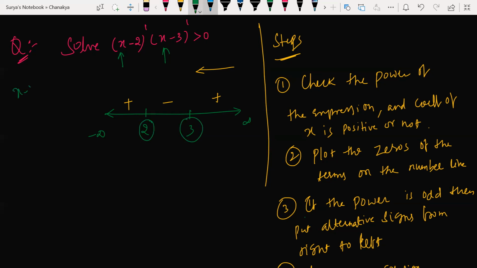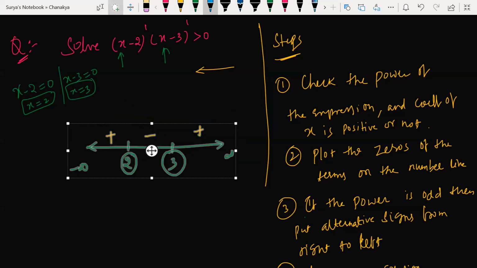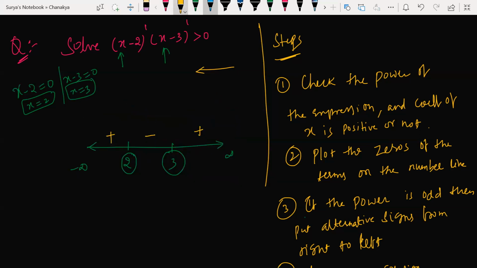I found their critical points, that is, the zeros or roots, by equating them with 0 and finding the values of x. I got 2 and 3 and plotted those points on the number line.